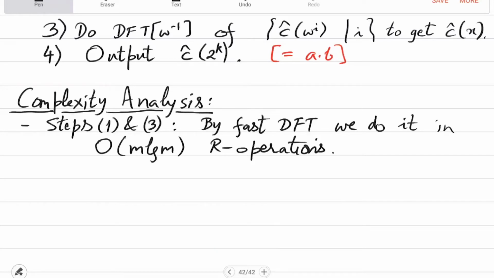But then these R operations you have to count in bit operations. So how much will that be? Right, you are working with integers in R which are around 3k bits, so you can call it k bits. So you multiply this with k. But is that really enough? For additions it is order k, but what about if you are multiplying two numbers?